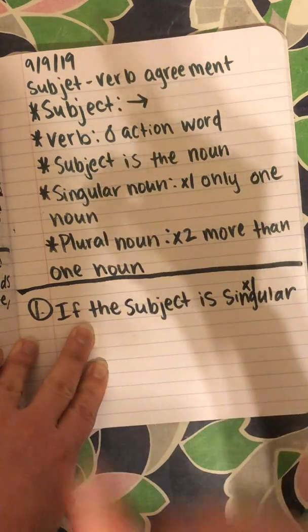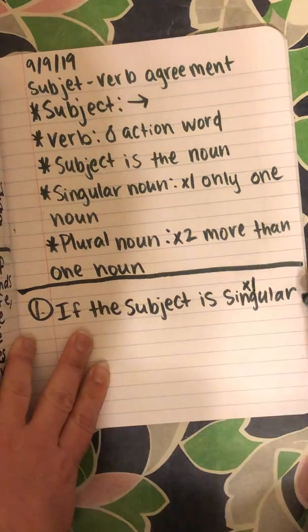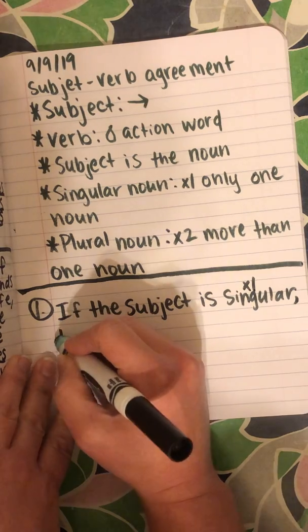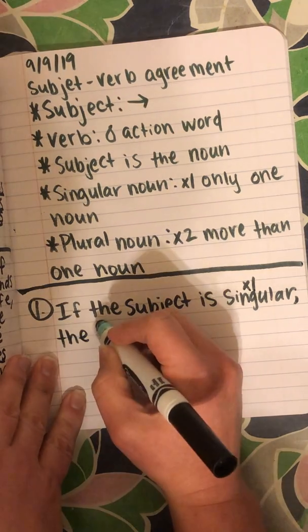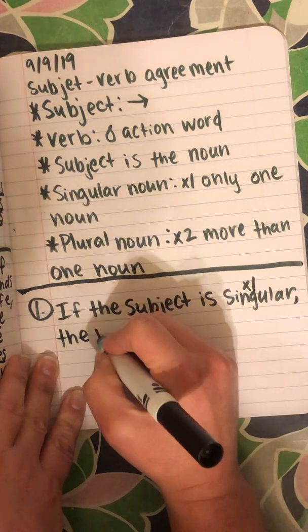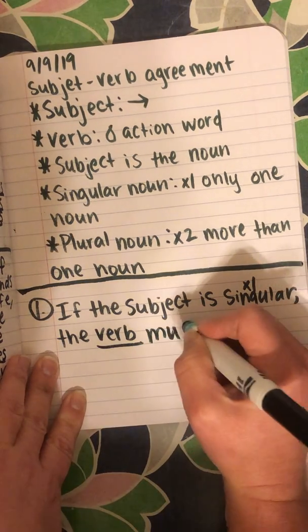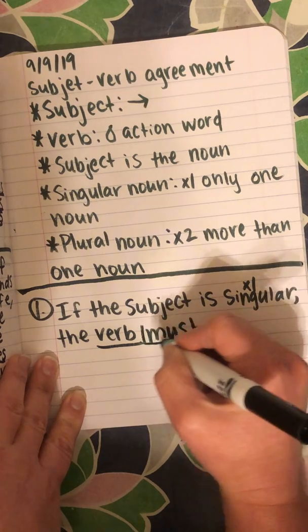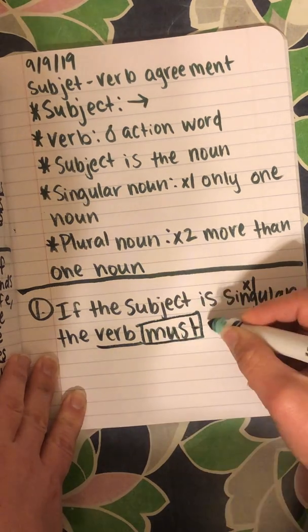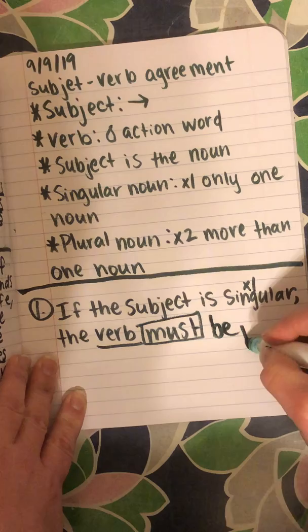How many? 1. That's right. If the subject is singular, the verb must, put a box over that, must be plural.